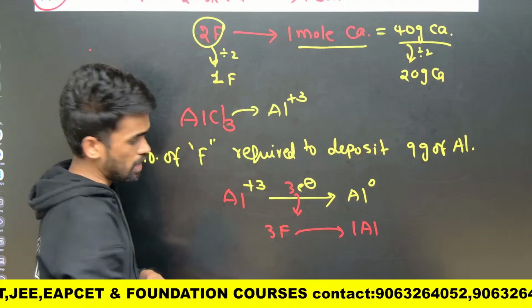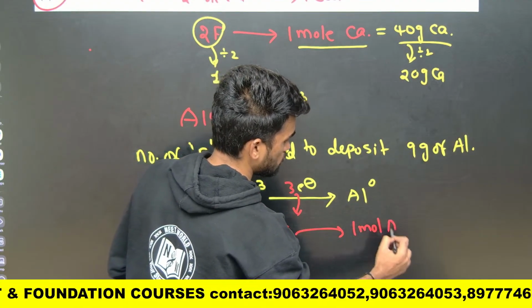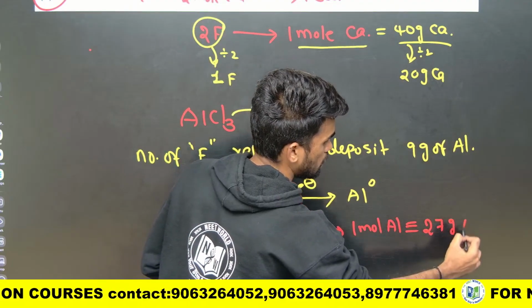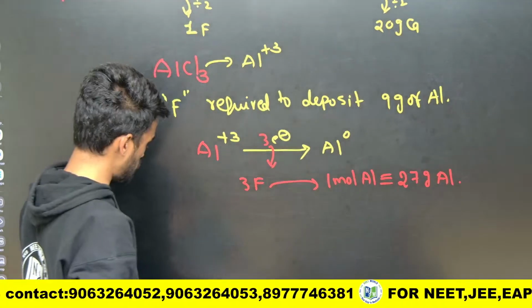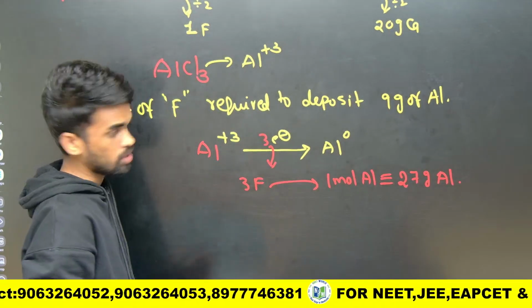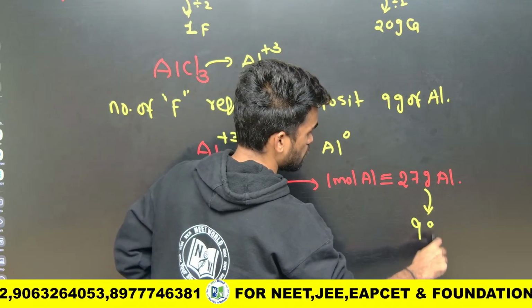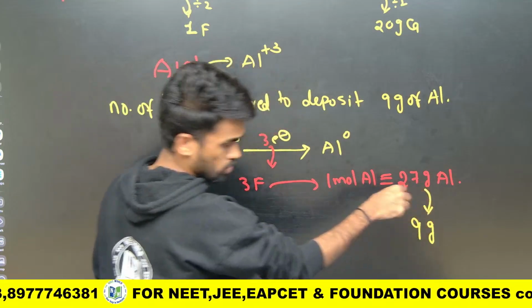So 1 mole of aluminium is nothing but, what is the atomic weight of aluminium? This is 27 grams of aluminium, right? Okay. So I want to deposit how many grams? 9 grams. So we want to deposit 9 grams of aluminium. So use unitary method or directly just look at the change.